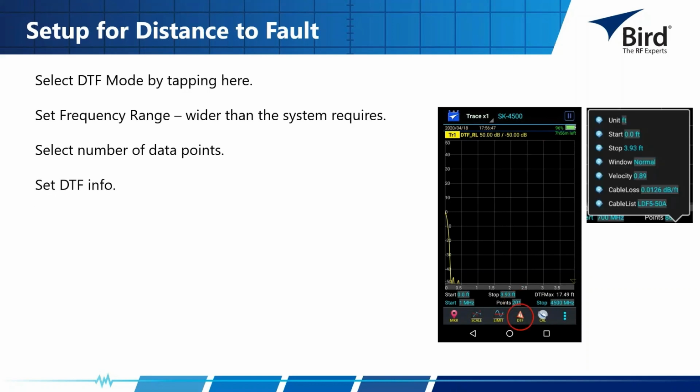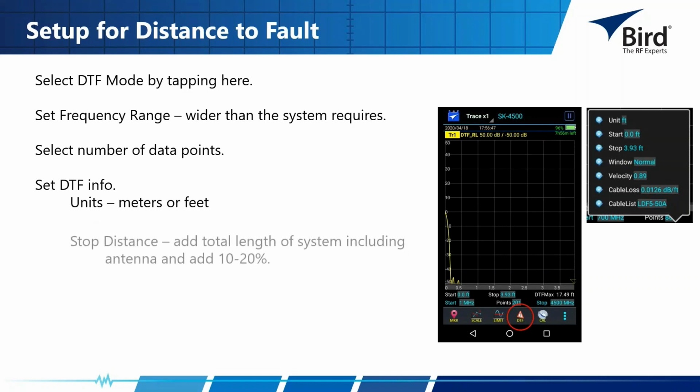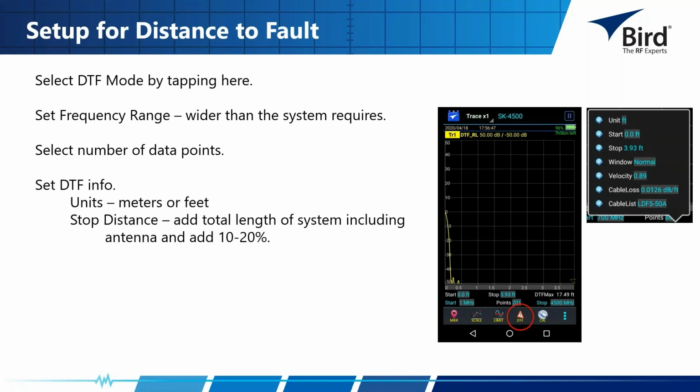Set your DTF info. Tapping on the DTF icon brings this window up, and this is where you can set all your distance to fault parameters, such as your units in either meters or feet. Set your stop distance, and I mentioned add the total length of the system, including the antenna, and add 10 to 20% on top of that.